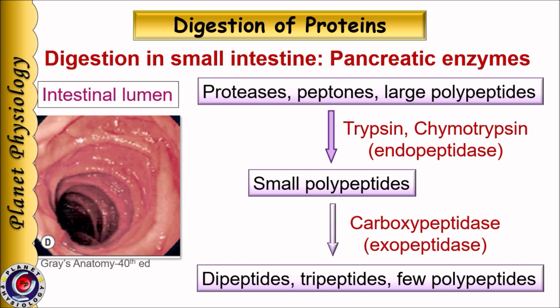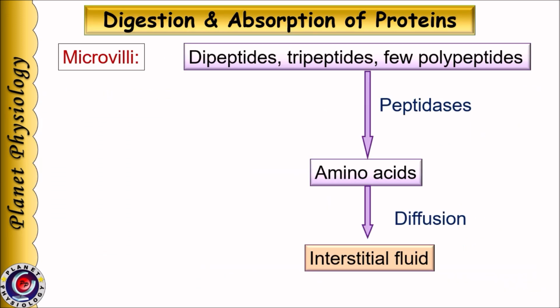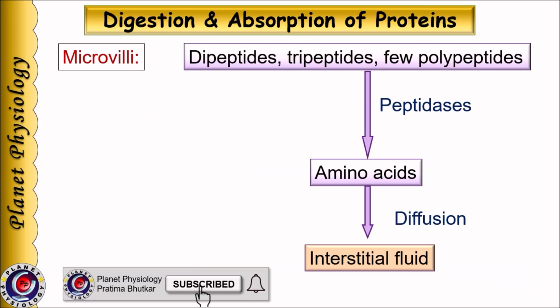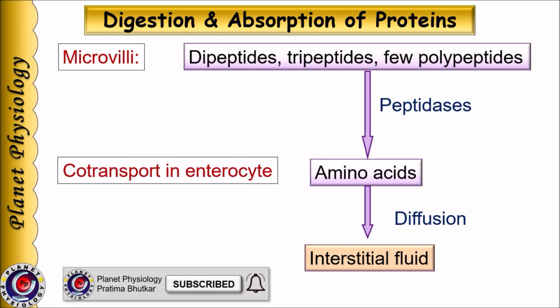They are further converted to dipeptides and tripeptides by carboxypeptidase. Very few proteins are still present in the form of smaller polypeptide chains. As these end products reach microvilli, specific peptidases in brush border further digest them into individual amino acids.